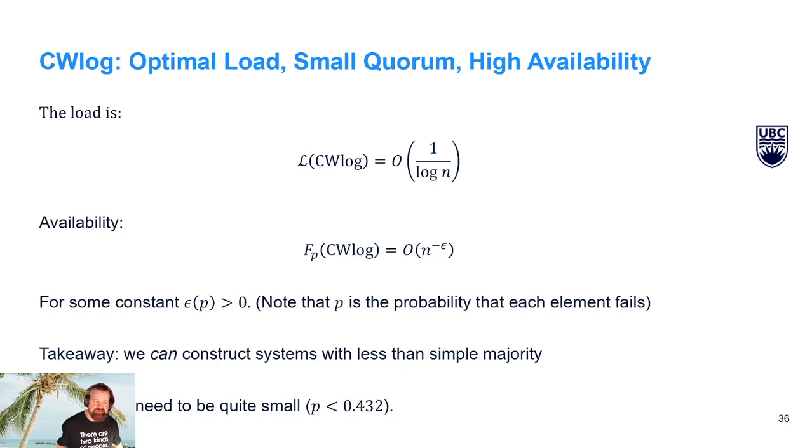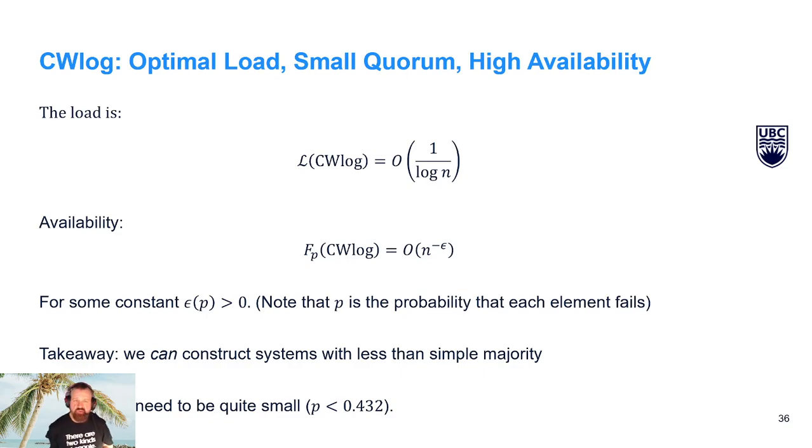What I did find interesting is that what they're pitching is in fact what they call CW log, which is a crumbling walls log, and it has an optimal load with a small quorum and high availability. So we don't have a lot of overhead, the load being the overhead that's necessary for us to get to quorum.